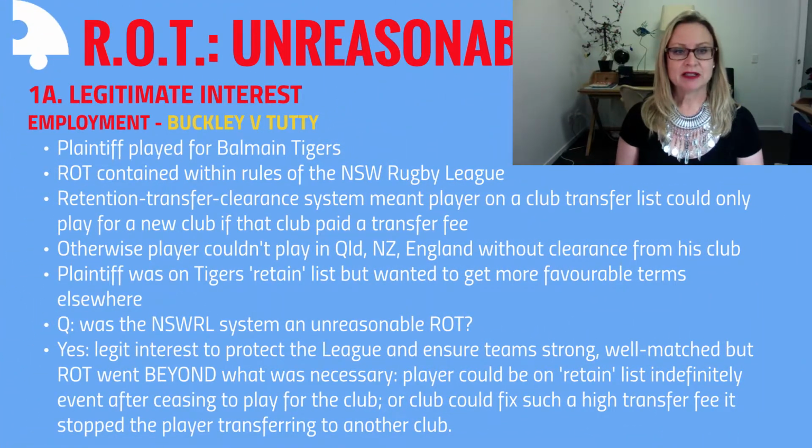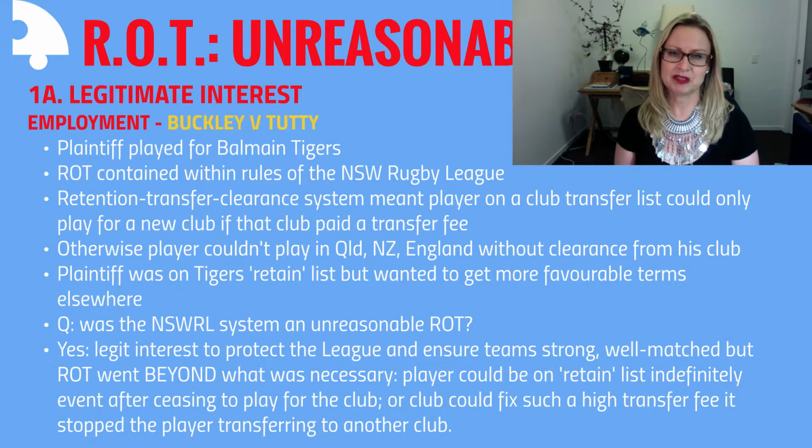And here we have Buckley and Tuddy, and it's not really a terribly difficult case, just slightly unusual because the restraint was not actually contained within the contract between the parties themselves. It kind of sat alongside that. The plaintiff played for the Balmain Tigers, and the restraint was contained within the rules of the New South Wales Rugby League.